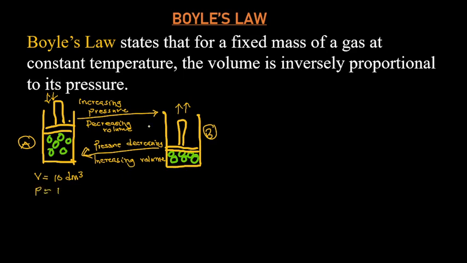Let's say that's the pressure that is being applied, and then over here, as a result of the pressure being applied, the volume will decrease. So let's say the volume here has decreased to 5 dm3, and because the volume has decreased, that means the pressure has increased.